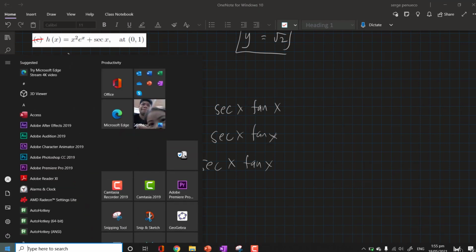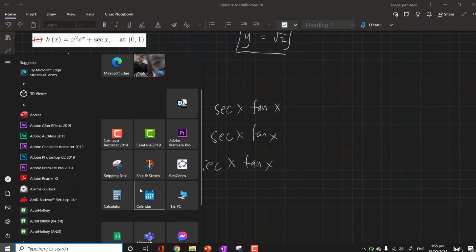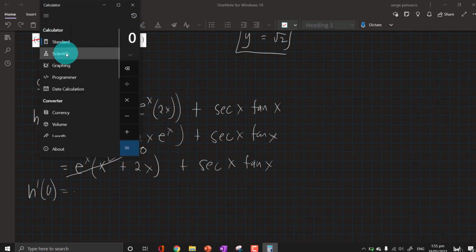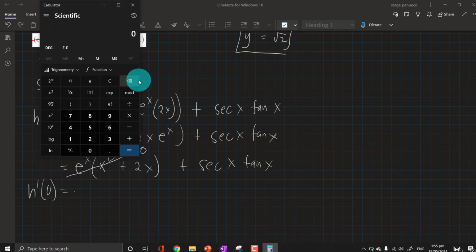Second 0. Saan ang calculator ko? Scientific. Second 0. Second 0 is equal to 1.